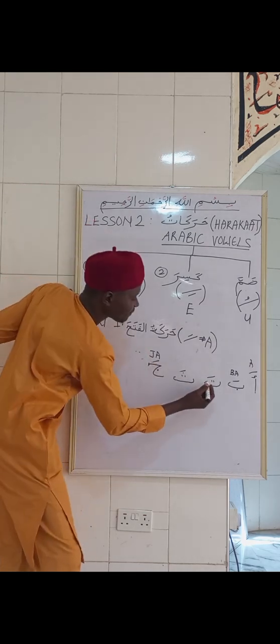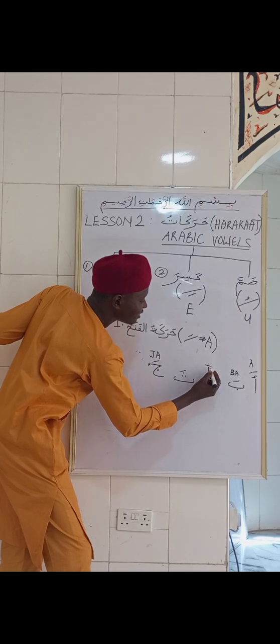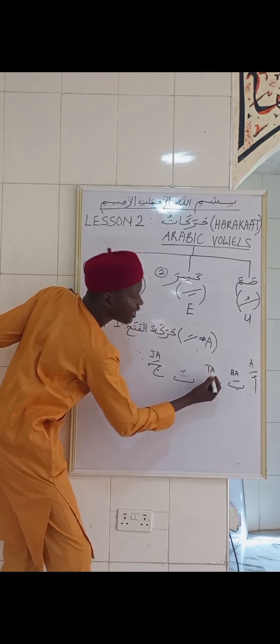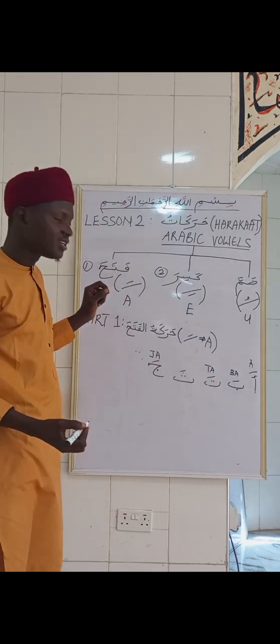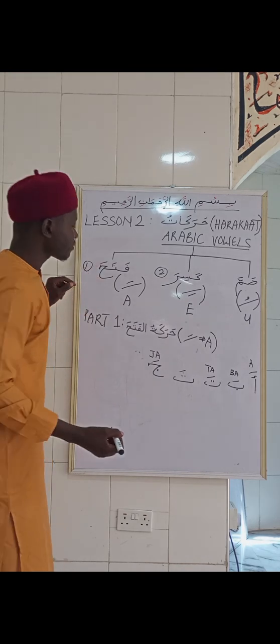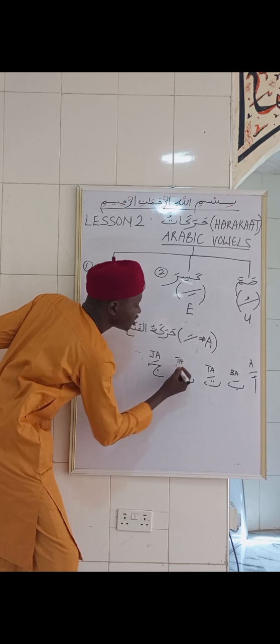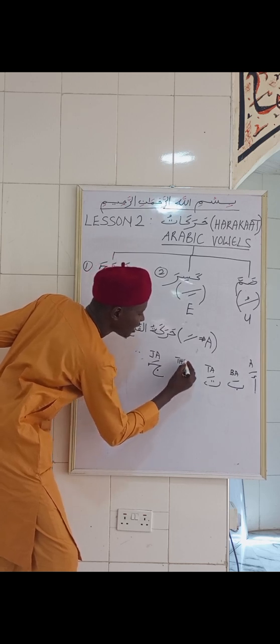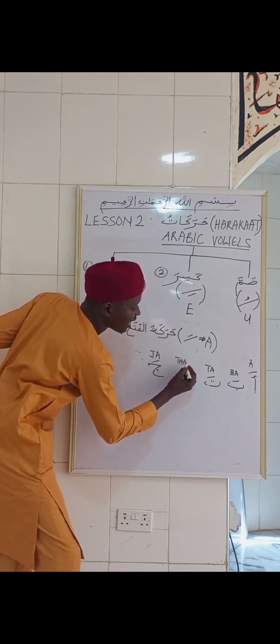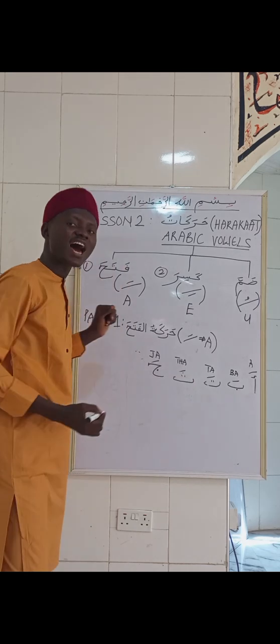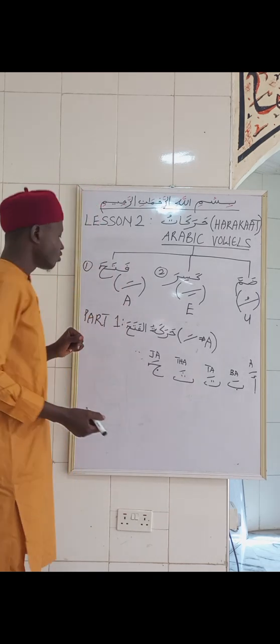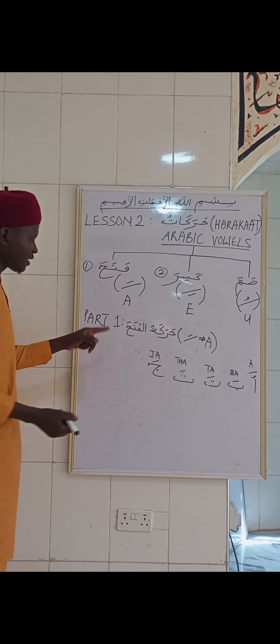Just like ta fataha, we say ta is T. If you attach the vowel A, it is ta. Tha could be represented with TH, so with fataha, it is tha.